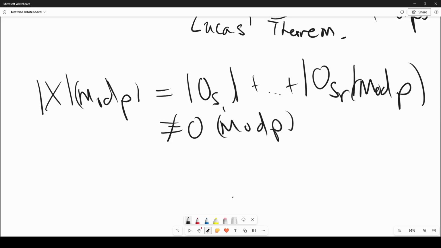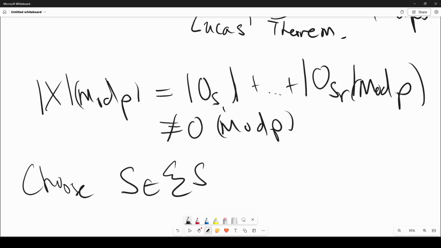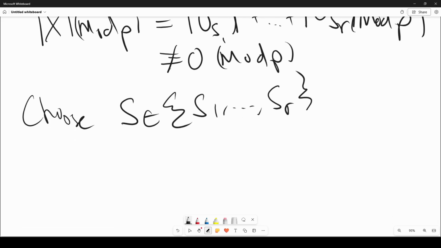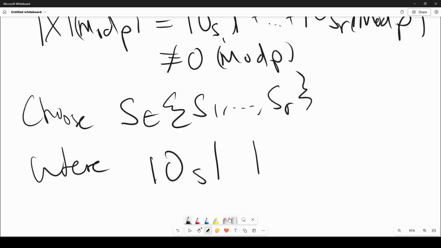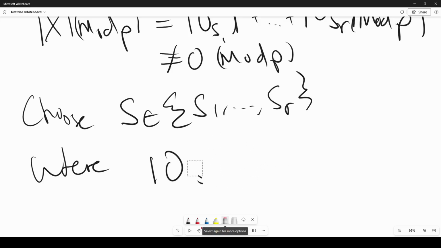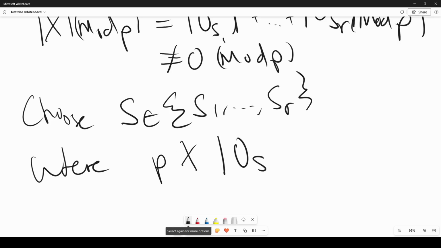But that means there must be an orbit whose size is also not divisible by p. Because if these were all 0 mod p, then this would be a contradiction. So I'm going to choose some set S, which I'm just going to call S now, which is one of the S1 through SR. So just choose one of them whose orbit is not divisible by p, where p does not divide the size of the orbit of S.